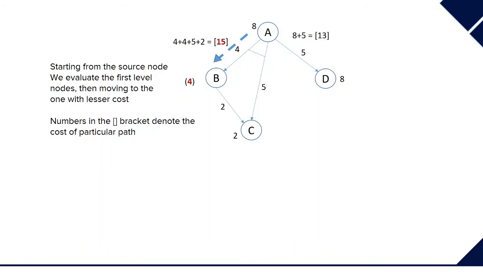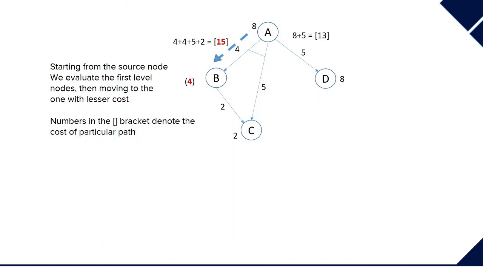Now we try to traverse deeper on another level of the graph, which will give us the next connection edge between B and C. Now we will update the values of the newly discovered connections after going deeper, and the value of node B has now been updated to 2 plus 2, which is equal to 4, and that way the whole path has a cost of 4 plus 4 plus 5 plus 2, which is equal to 15.